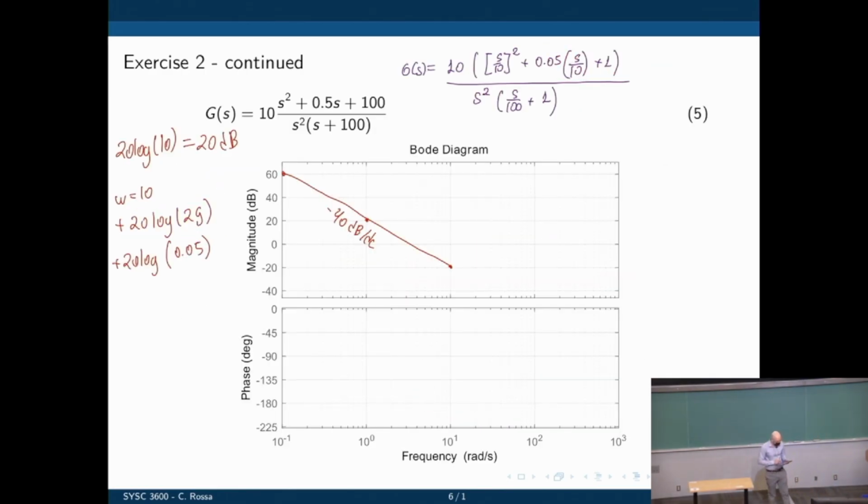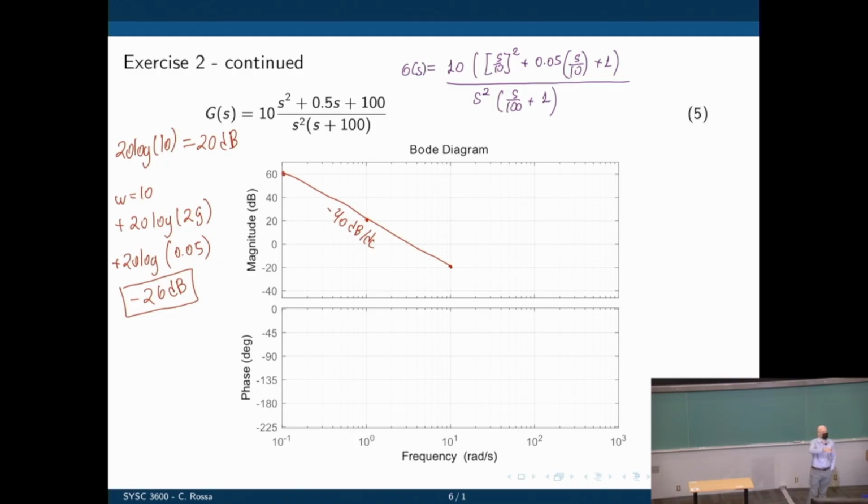So that's 0.05, which is about, how much is that? Negative 26 dB. So at the cutoff frequency, because of that complex zero, it will go down by negative 26 dB.